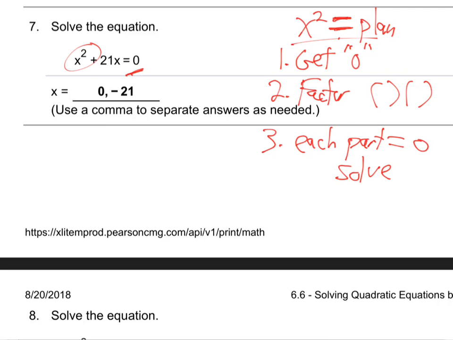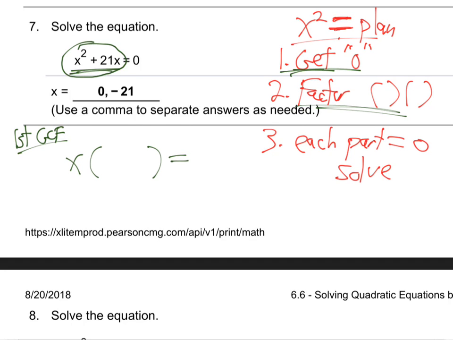So let's do that. Step 1, get a 0. We already got a 0. Step 2, factor. That means we've got to take this left side and factor. You guys are factoring pros now, huh? What's the first step on any factoring problem? GCF. Good. Glad to hear that in unison. So what's the GCF there? X. Take it out. Leave the 0 over there. And what goes on the inside to make it go back? X plus 21, right?